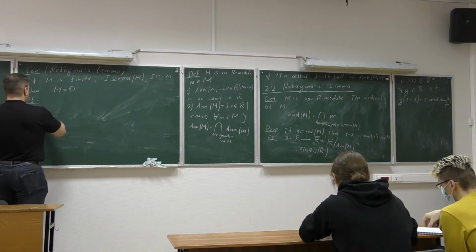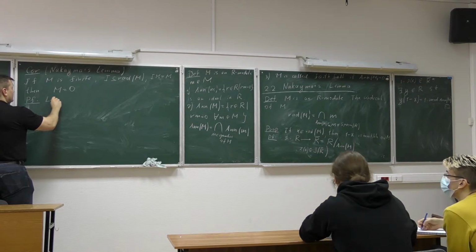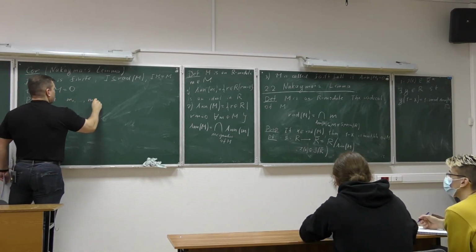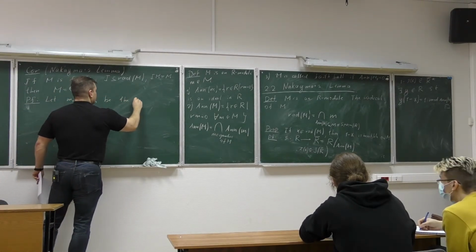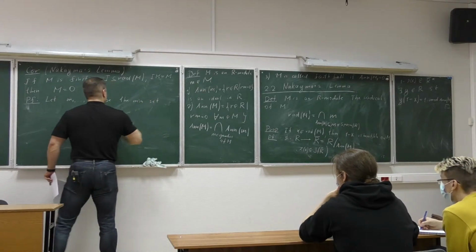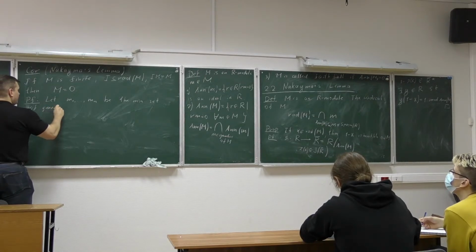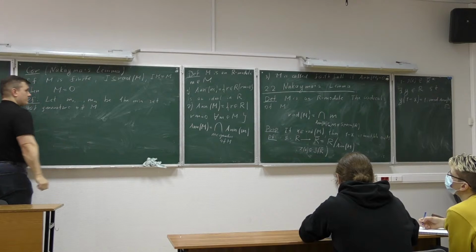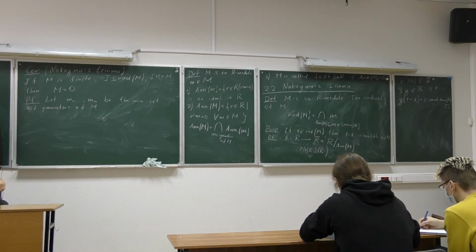Proof? Well, I know that M is finite, so let m1, ..., mn be a minimal set of generators of the module M. So take the set of generators as small as possible.